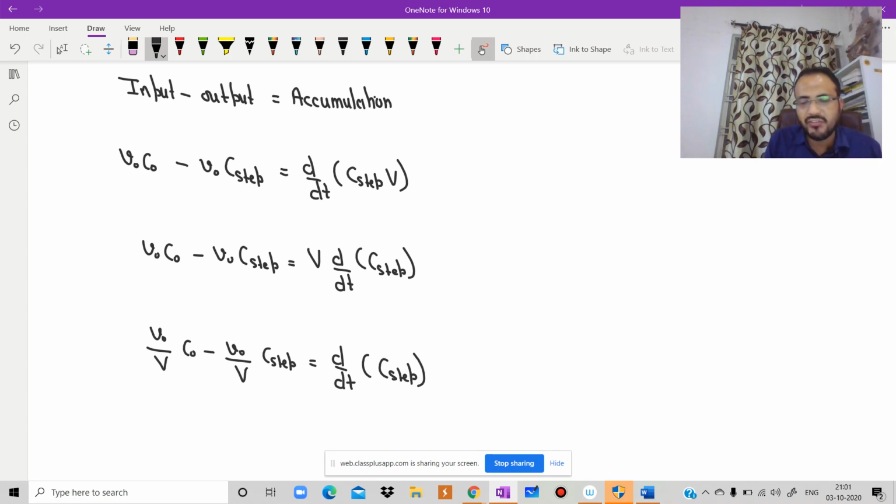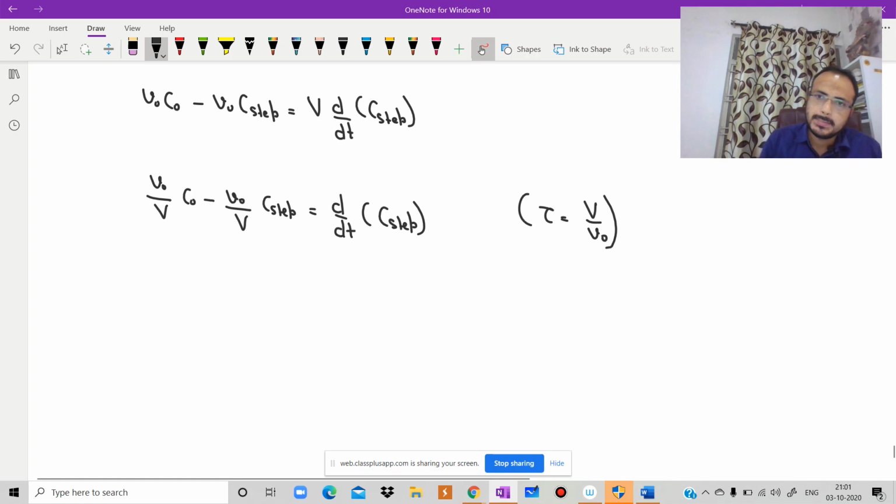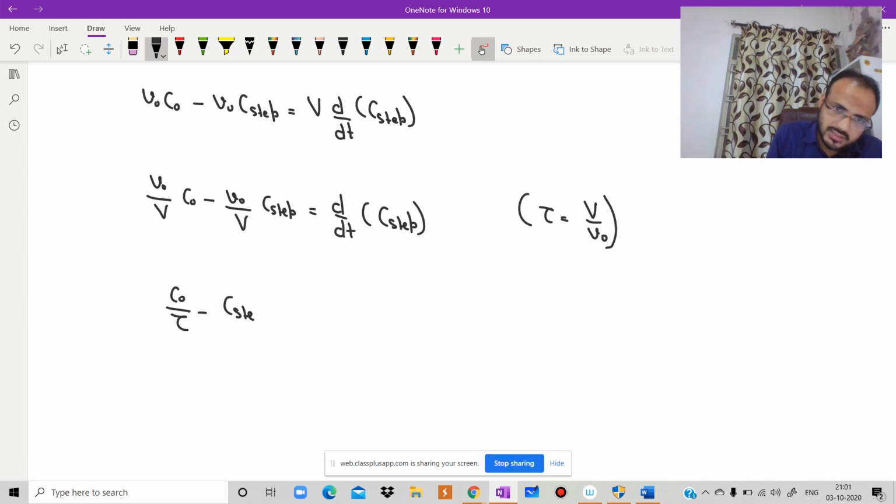V node is already fixed and V is already fixed. Then we know that tau is equal to V by V node. Just for your knowledge, otherwise both have different meanings, but here because it is a constant, we can write it as tau. So C node by tau minus C step by tau is equal to d by dt of C step. Yes or no?